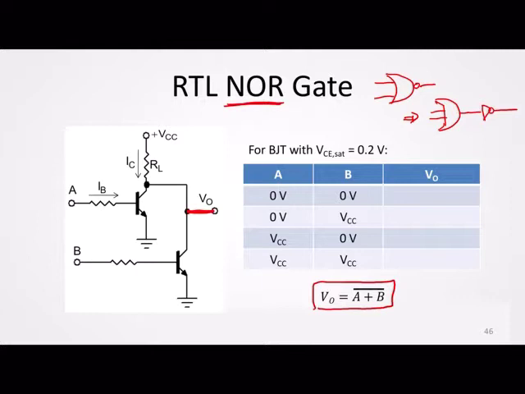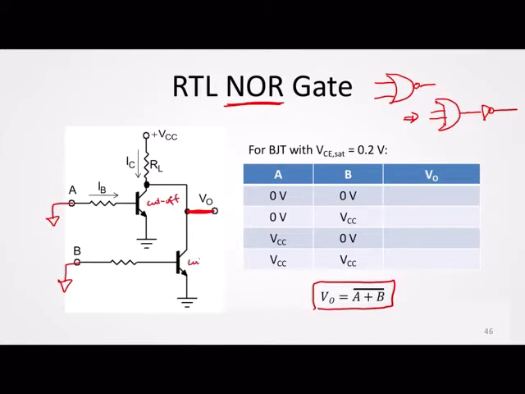So how do we verify that this is a NOR gate? Well, we fill out the truth table here on the right. Let's look at the first set of inputs. If A and B are 0 volts, that means the inputs A and B are both grounded, then the two BJTs would be in the cutoff region.